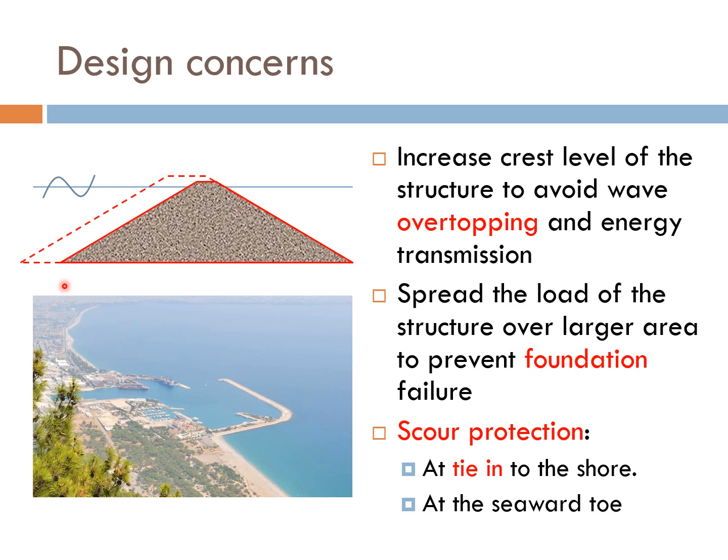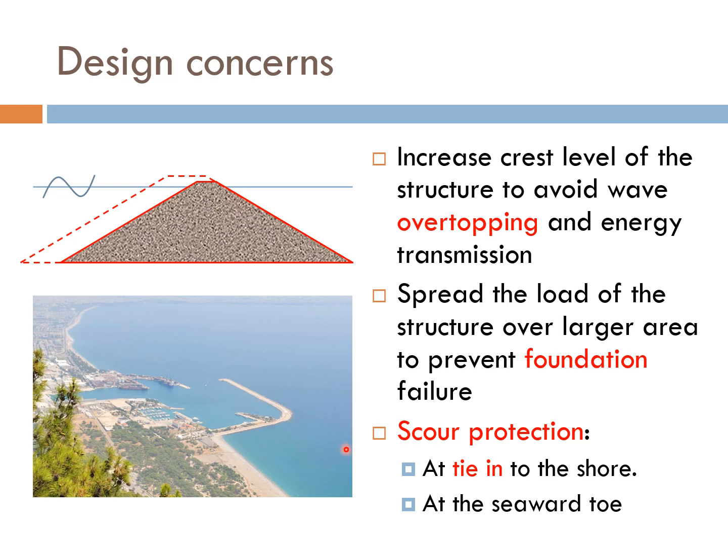Other design considerations for a breakwater would be scour protection. One is at the tie-in to the shore, such as this breakwater. The tie-in refers to this position where the breakwater is connected to the shore. Since the breakwater is oriented in this direction, we can expect that the predominant wave direction is coming from this direction.